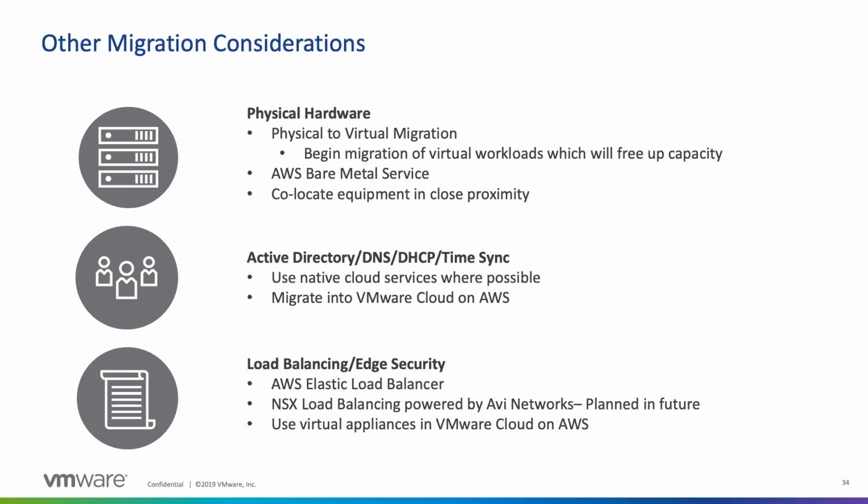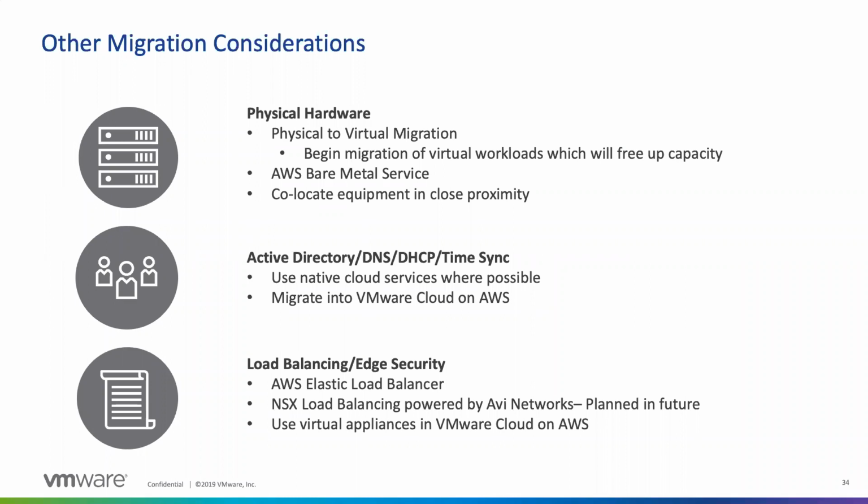Right? You can just run an EC2 instance on bare metal as well, or to colo that equipment. And if it's a RISC-based Unix system, you just colo that close to an AWS region in, say, an Equinix data center or some other colo provider as a way to get that out of the data center.